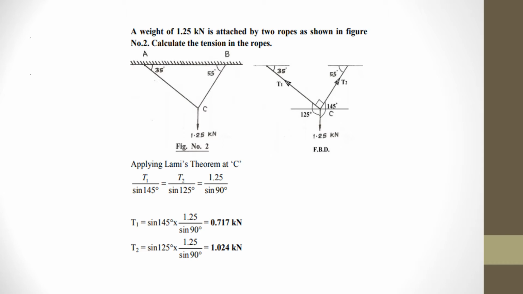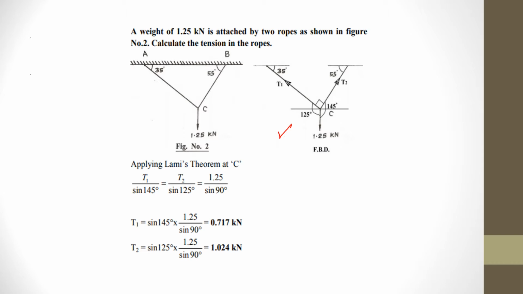So it is the given diagram, and this diagram we have to draw. So this is given, that is at point A there is an angle 35 degree, at point B 55 degree, and from C there is a downward force or weight which is 1.25 kilonewton.